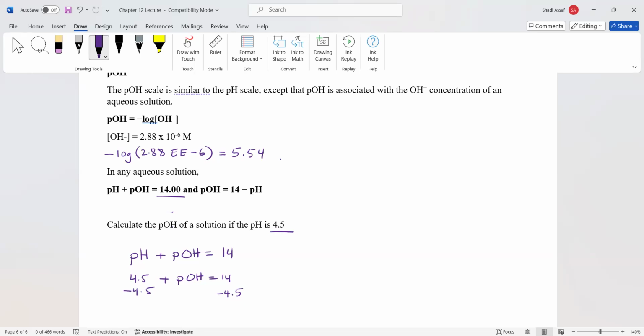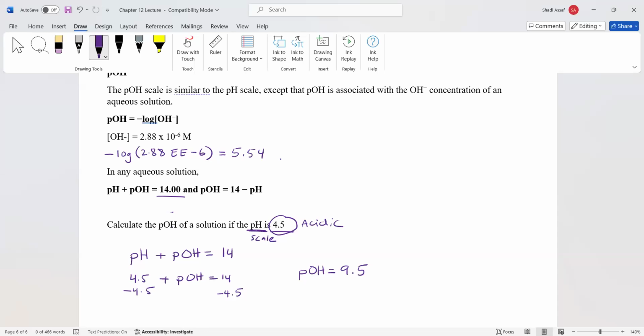And that gives me a pOH value of 9.5. Now, since you're given the pH at 4.5, that's acidic, because again, we're going with the pH scale.